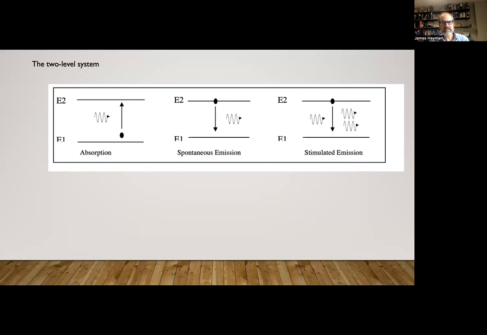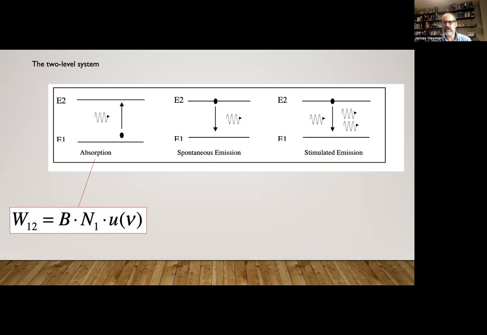Now, to describe these, we can describe the rates of these different processes. Let's let W12 be the rate of transitions from the lower state to the upper state. Then this rate must depend on at least these following things.